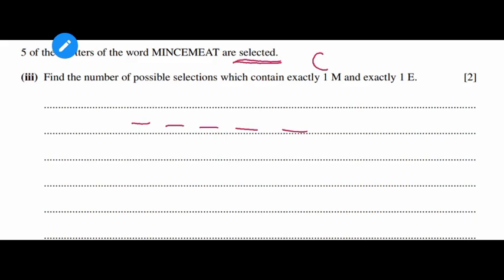In these 5 letters, what they have meant is one M and one E should be selected. Exactly one M and one E should be selected. As it is selection, it can be selected anywhere. So remaining how many places we have?